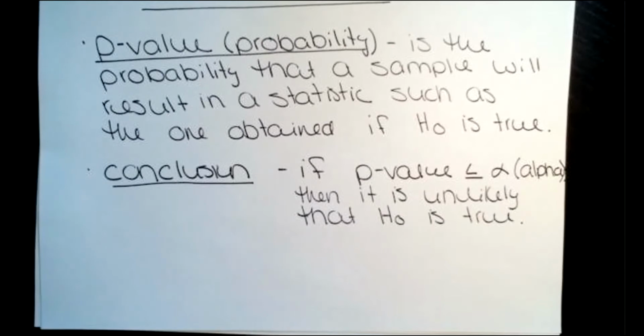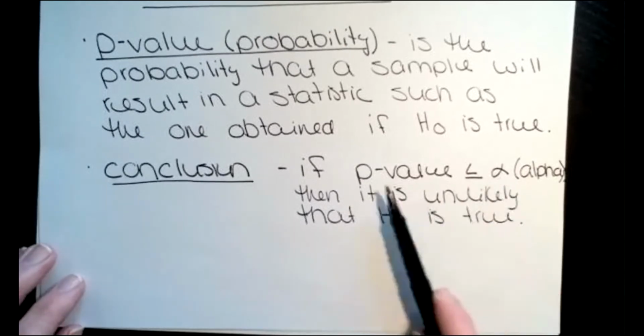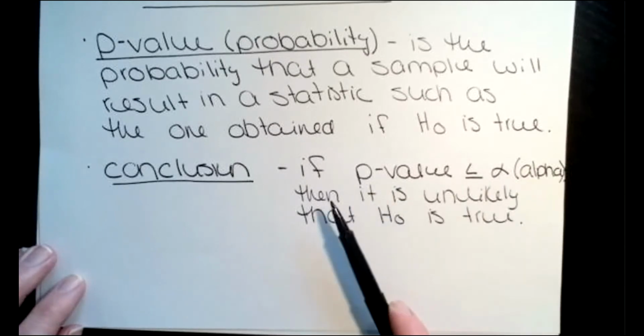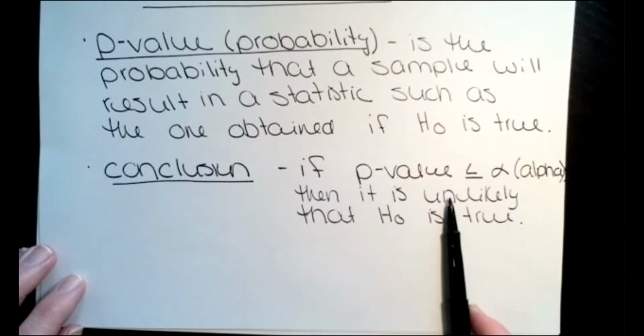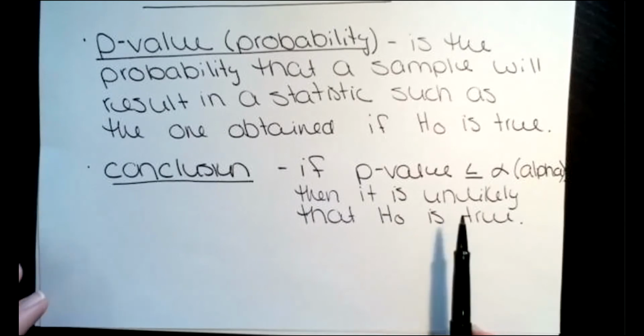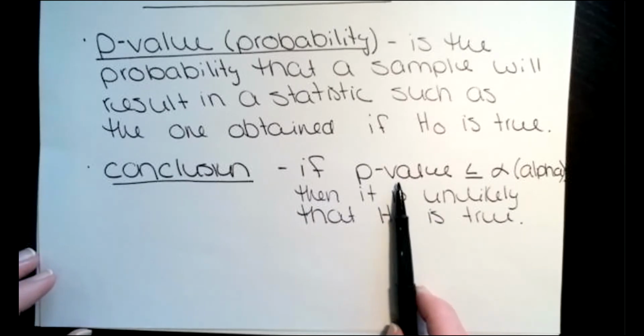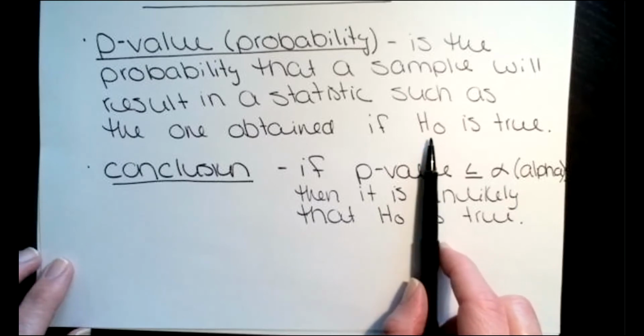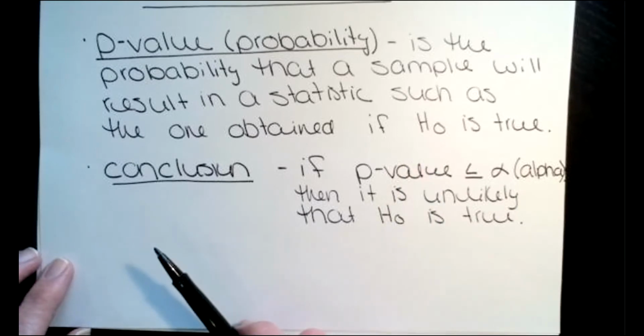Most of the time. So we're saying if that probability is small, less than 5% or 1%, then it's unlikely that the null is true. So what we're saying is that if our probability is small, then maybe the null is not the center after all.